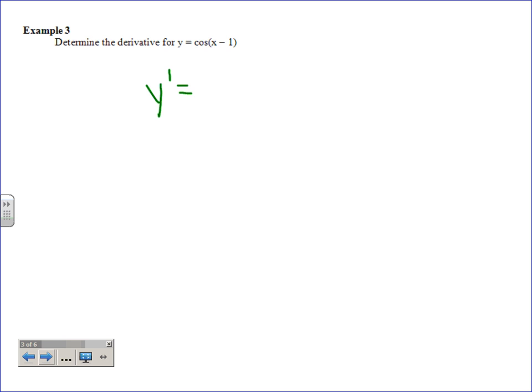Derivative of cosine, which is negative sine. Very good. Sounds as though you've taken my warning to heart and you've memorized those two, at least gotten close, right? And then what? Yeah, leave the what? Leave the angle. Right? Just leave it. And then derivative of what? The angle, which is 1, right?